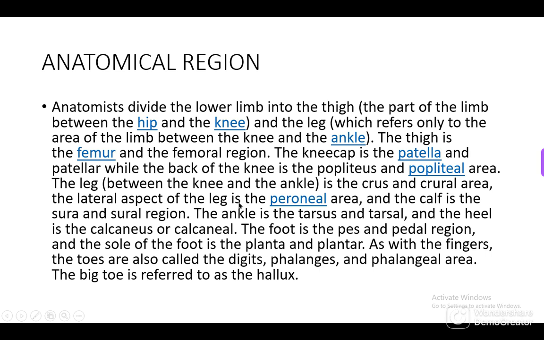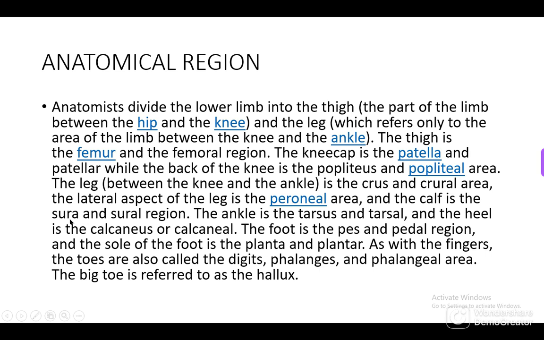And the lateral aspect of the leg, because the medial is very thin, the bone is there, is known as the peroneal area. The calf is the sura and the sural region, where the two muscles, gastrocnemius and soleus, are.